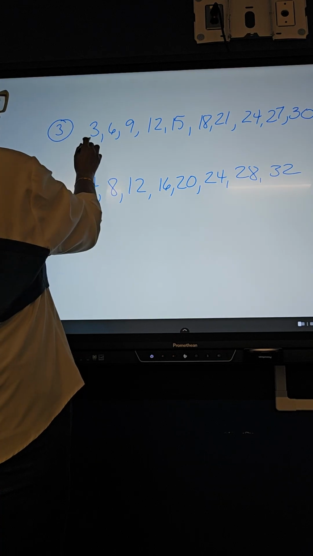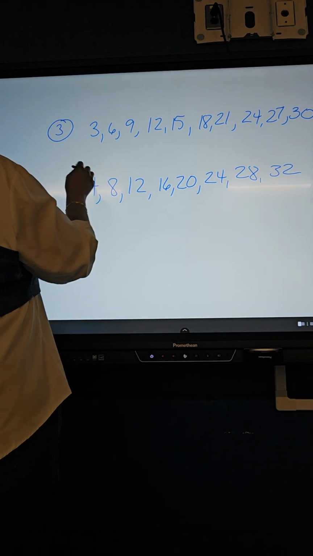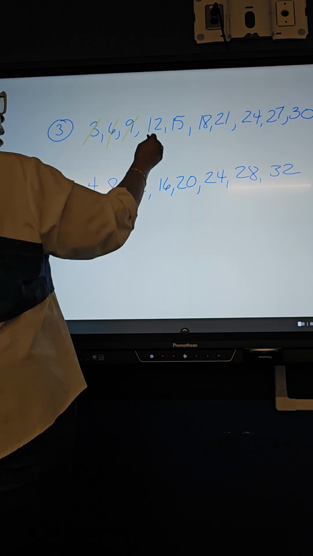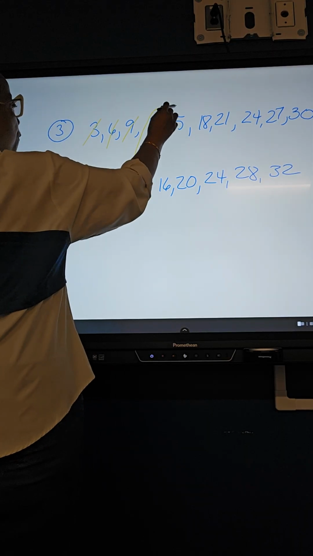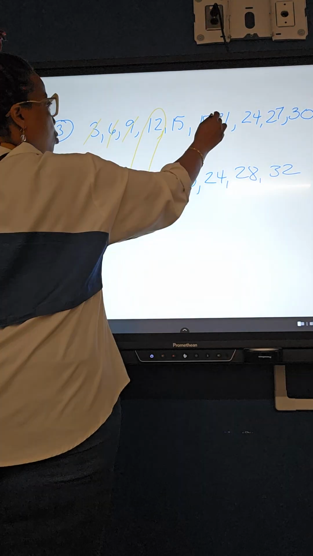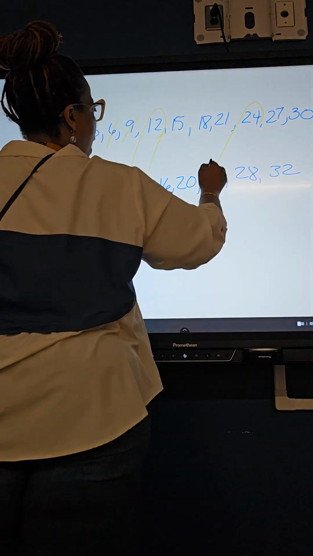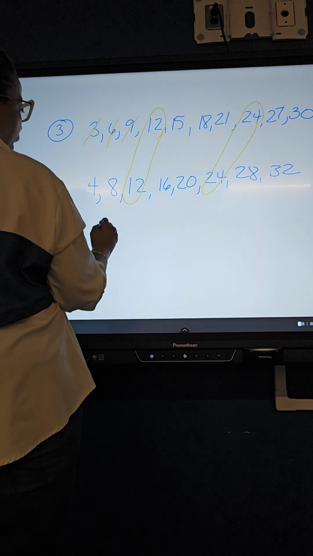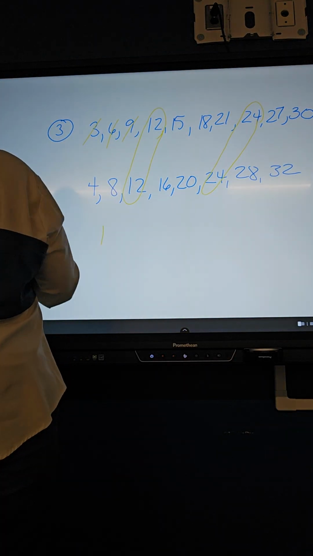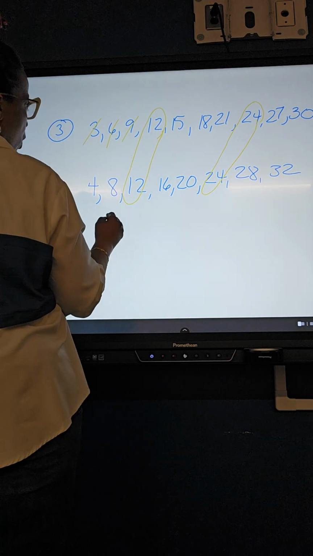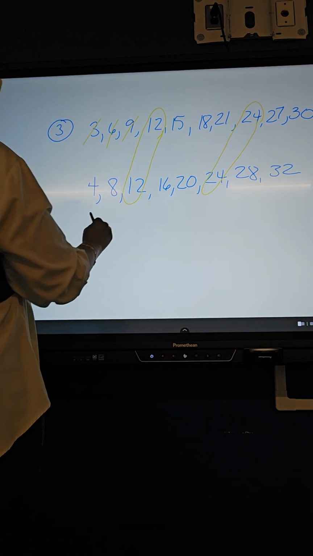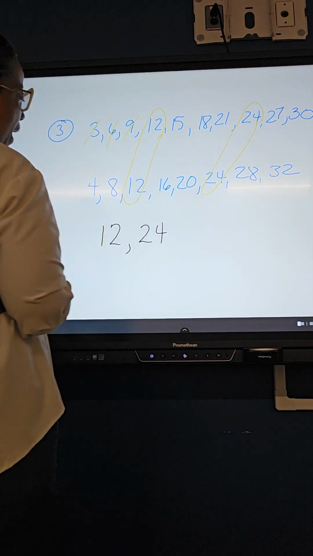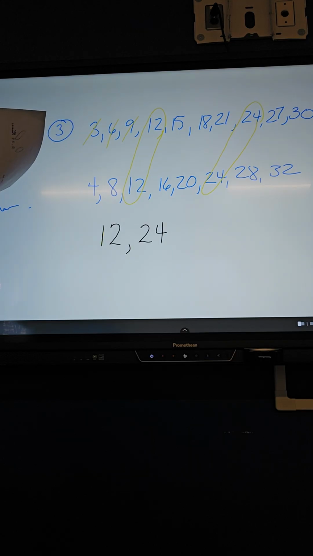No. And I also make sure you go number by number to make sure. 3, no. 6, no. 9, no. 12, yes. 15, no. 18, no. 21, no. 24, yes. 27, no. 30, no. So our common multiples, again, when you write them down on your paper and in Carnegie, you must separate the number 12 and 24 by a comma. Okay? All right.